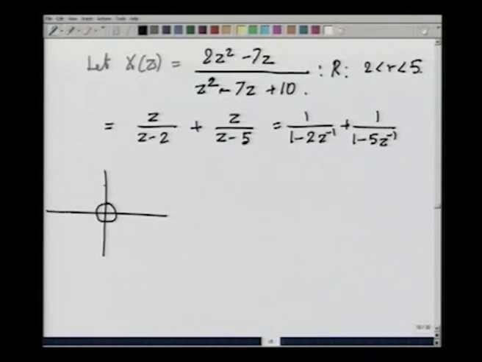Then you have 2, and then there is the third boundary at 5.